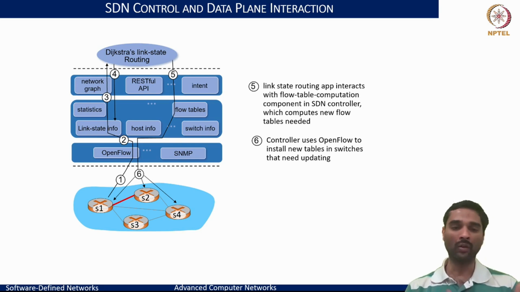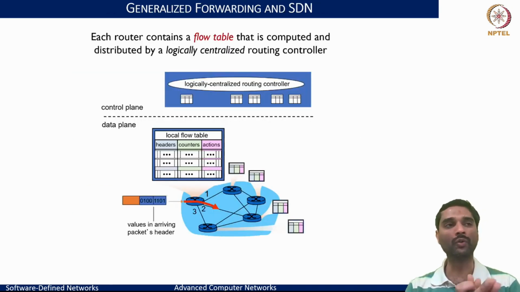The controller would update the OpenFlow tables or install new rules or delete the rules that are stale or no more applicable and update the data plane features. And once this is done, we would be able to ensure that the routing goes as normal.